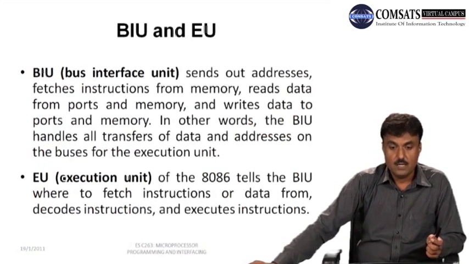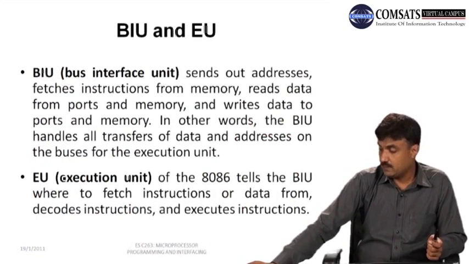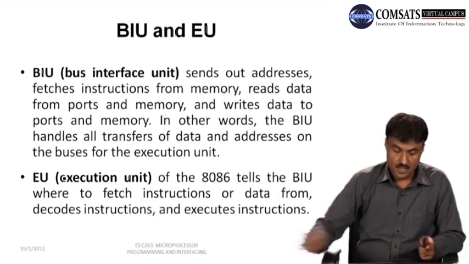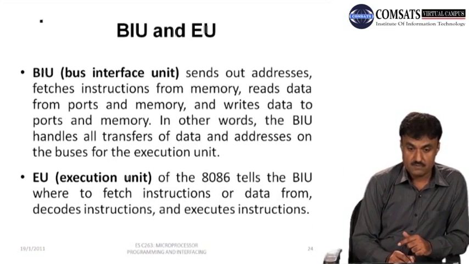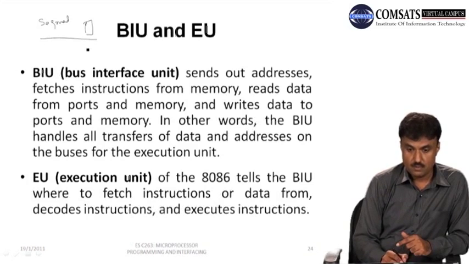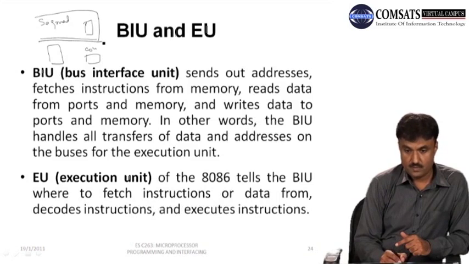There are two parts in this architecture. One is called the bus interface unit and the second one is called the execution unit. As you saw in the architecture, we have the segment registers, then the queue and so on. We also have the control unit, the ALU, the general purpose registers, some buses, and the flag registers.